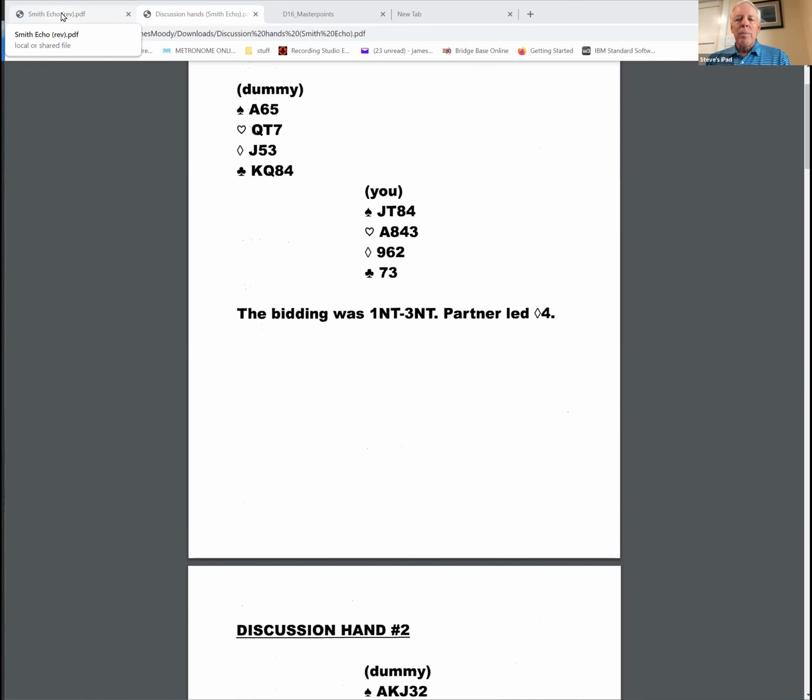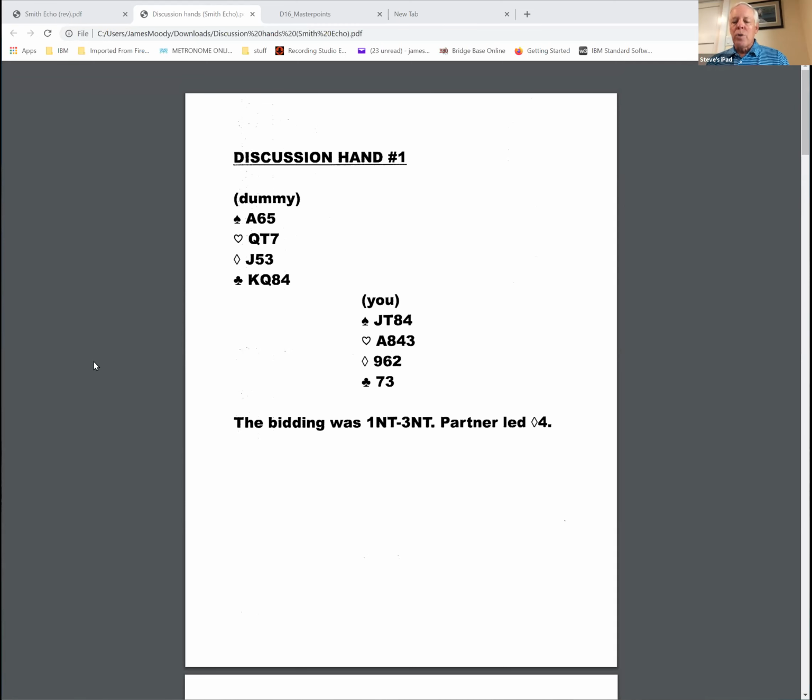And those are the two inferences available, encouraging or discouraging. Usually you can tell on the first trick whether partner is Smith echoing. But if you get the luxury of being able to see a second trick, then you'll know for sure whether he or she played high-low or low-high.